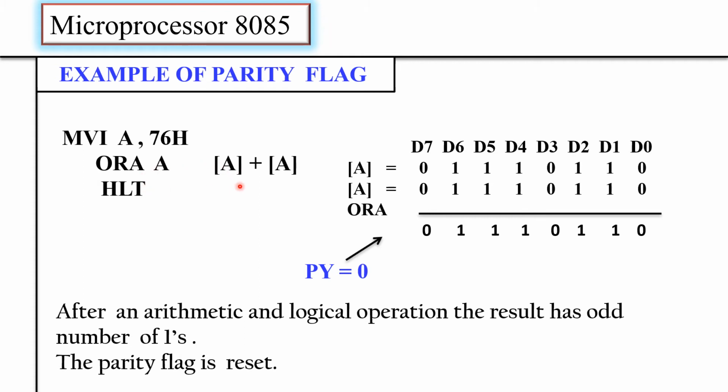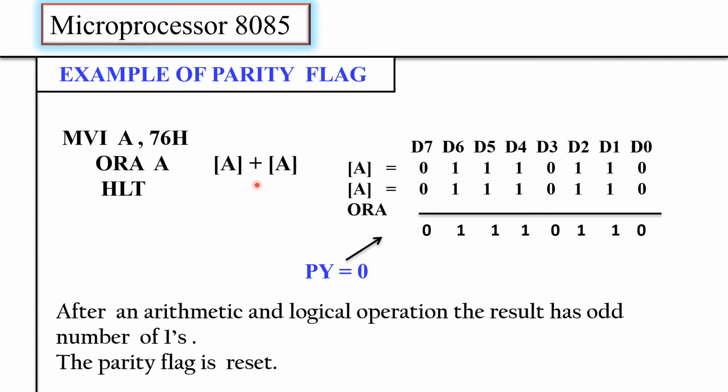So we can do ORA B, ORA C, ORA D. That will be logical OR of A with B, A with C, and so on. Right? We have seen the logic symbols, that is the OR gate. We have seen AND, then NOT, then we have seen exclusive OR and NAND.